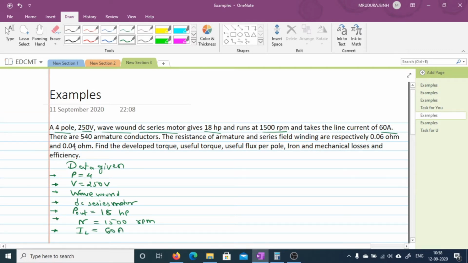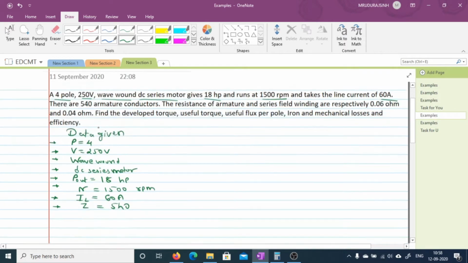Now let's write another data. There are 540 armature conductors. So armature conductor is Z, total 540 armature conductors. The resistance of armature and series field winding are respectively 0.6 ohm and 0.4 ohm.